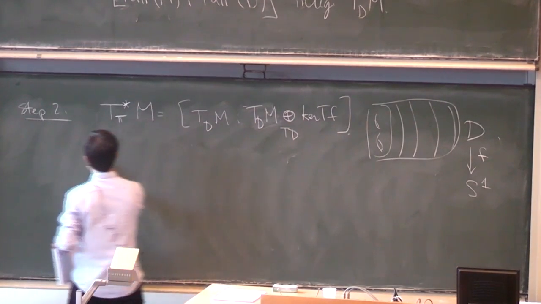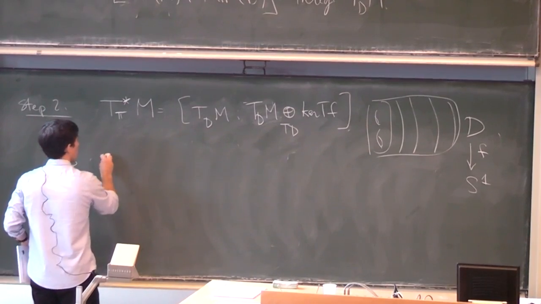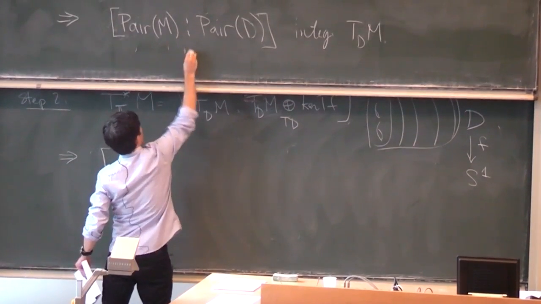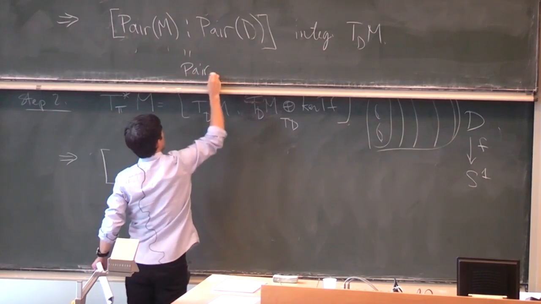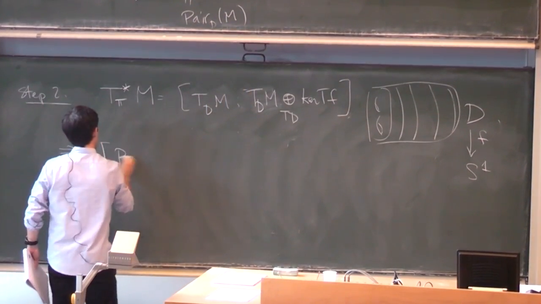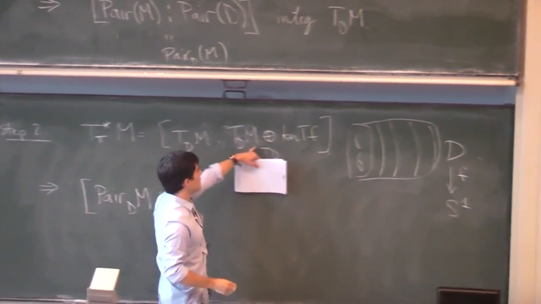And so because of this, I can blow up. So let me give this a name. Let me call this pair DM. So I can blow up pair DM in something that integrates this.